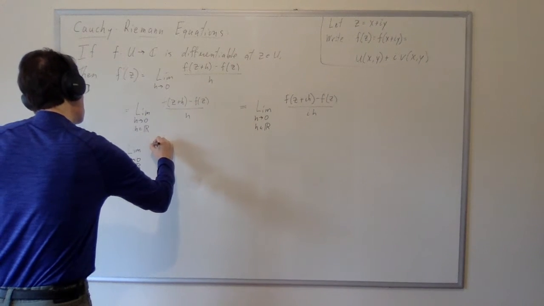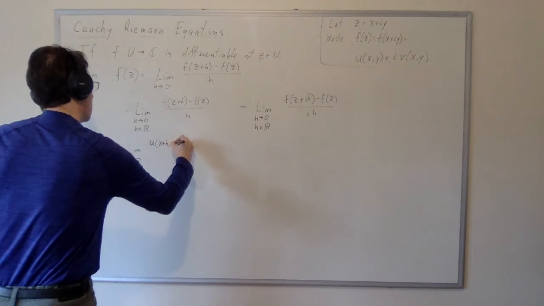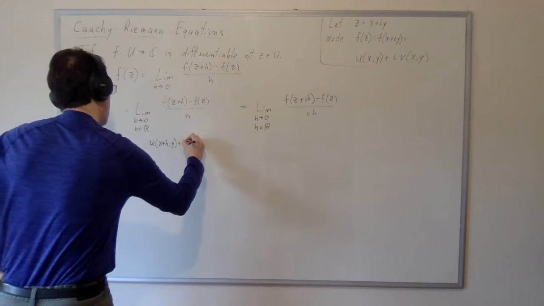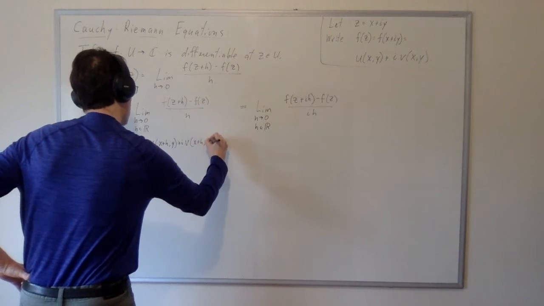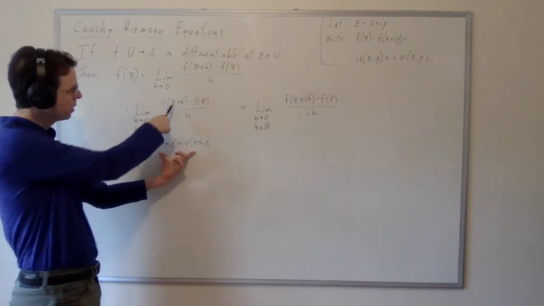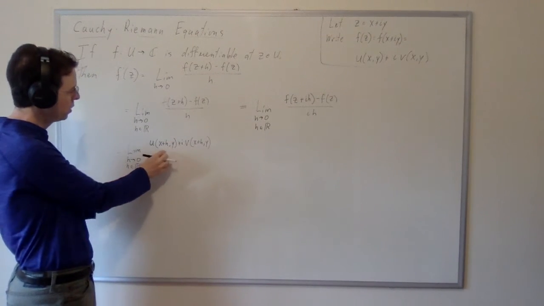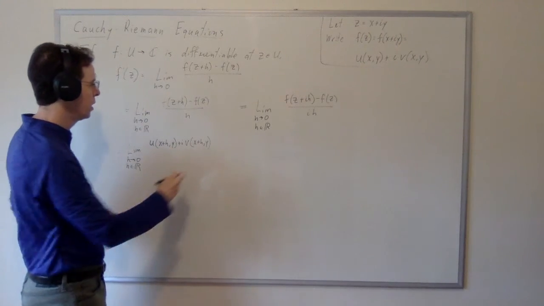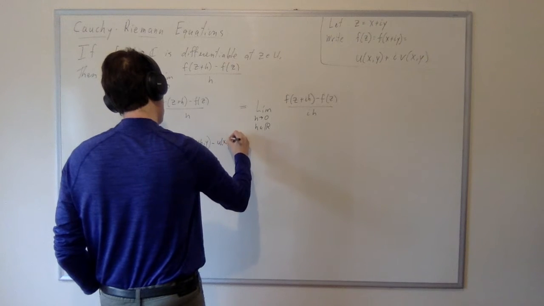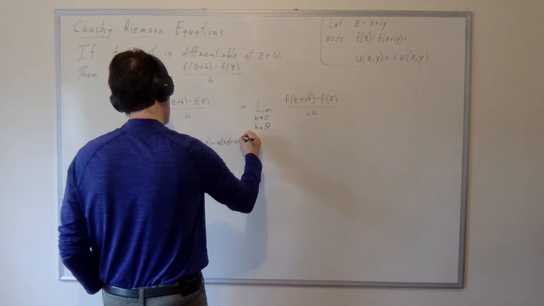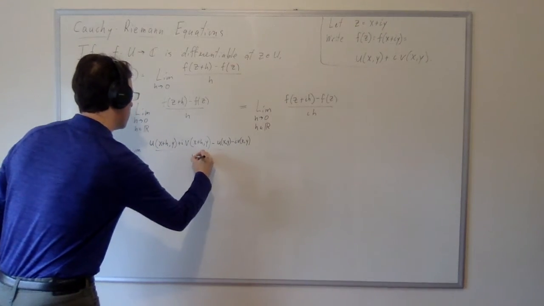So this is u of (x plus h, y) plus iv of (x plus h, y). That's f of z plus h, right? Here's z plus h. And notice that because h is real, we only adjust the x variable. And then here we subtract u of (x, y), and we furthermore subtract iv of (x, y). Now we divide by h.